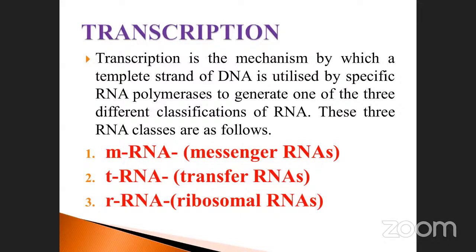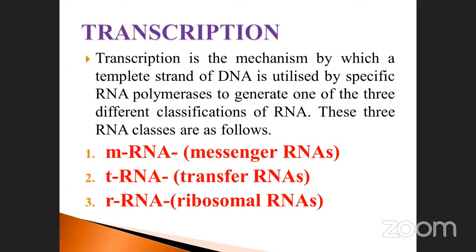Transcription is the mechanism by which a template strand of DNA is utilized by specific RNA polymerases to generate one of 3 different classifications of RNA. This is very, very important. RNA polymerase is essential for the synthesis of the RNA molecule, and there are types of RNA. These are the 3 RNA classes. Transcription is DNA to RNA with the help of the enzyme RNA polymerase.